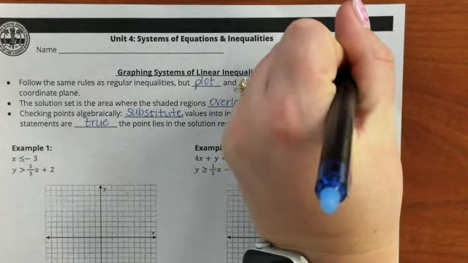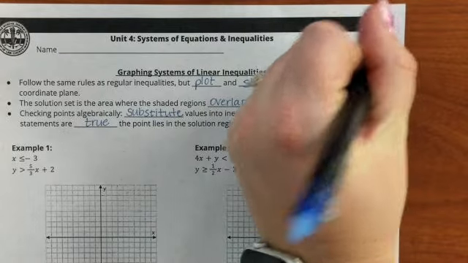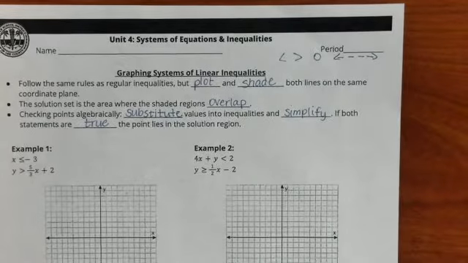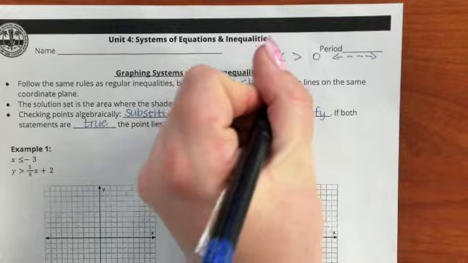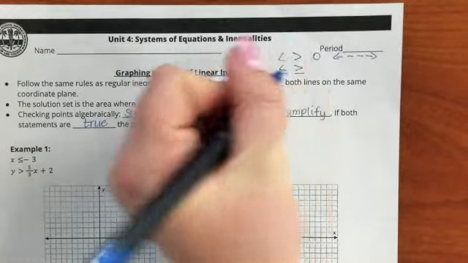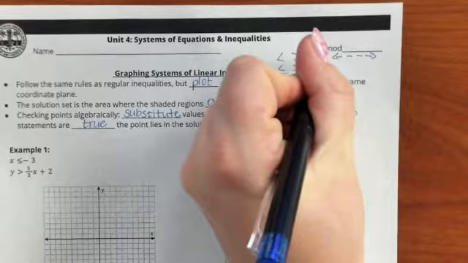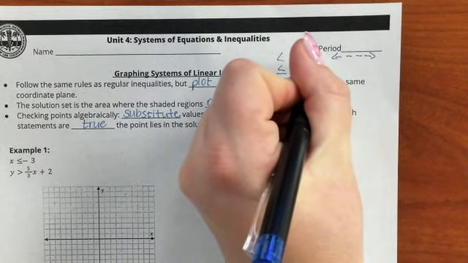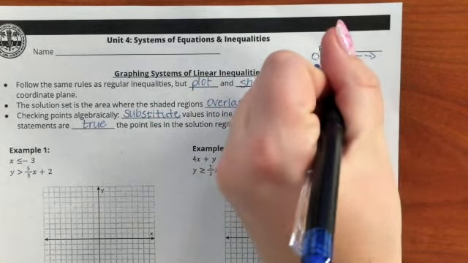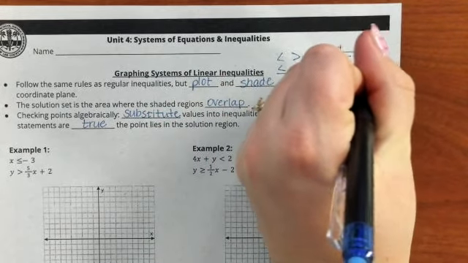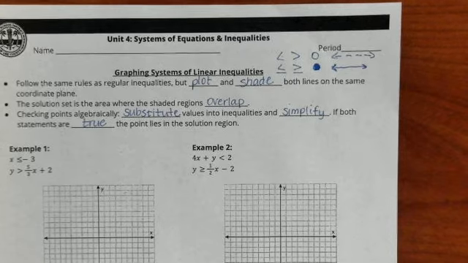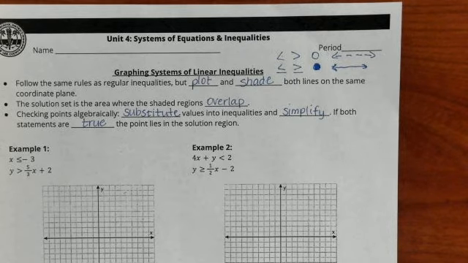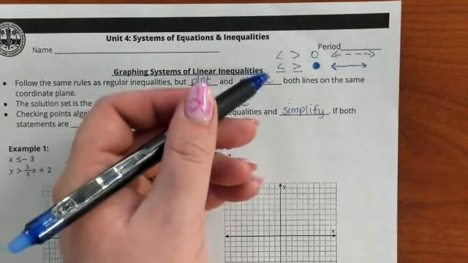Therefore, I need an open line, which would be our dashed line. And then our less than or equal to or greater than or equal to, it takes that effort to draw that line and to fill in that circle. So if it's a closed circle, I need a closed line. Okay, so we have open symbols and closed symbols.